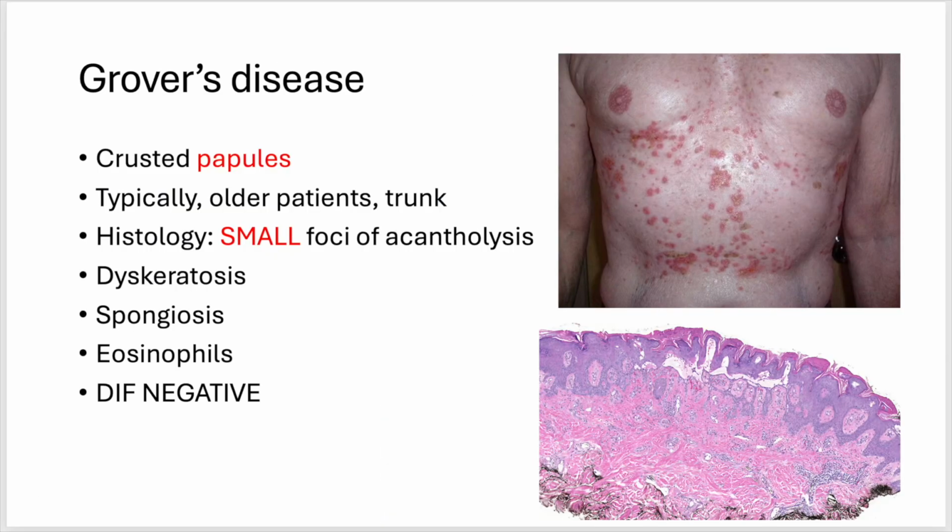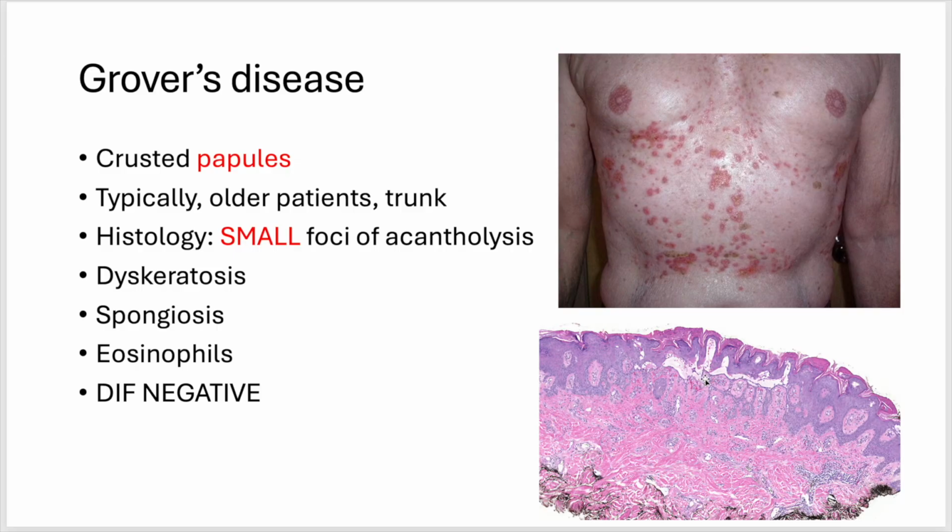Okay. And lastly, but also an important disorder, is Grover's disease. It is also called transient acantholytic dermatosis, typically affects older men and shows up on the trunk as crusted itchy papules. So the clinical presentation may say rule out eczema. Histologically, you get small scattered foci of acantholysis, often with dyskeratosis.